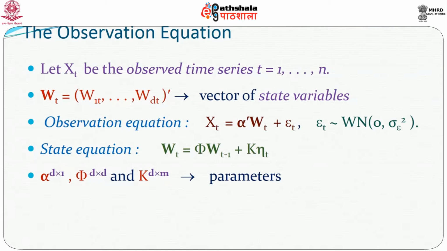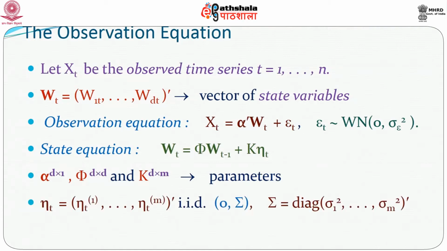In the second equation, that is the state equation, we have eta_t, which acts as the error, and we have m such eta_t's. So, we have eta_t1 to eta_tm, which we put into the vector eta_t, and we assume that these eta_1 to eta_m are identically and independently distributed with 0 mean and sigma as the variance.